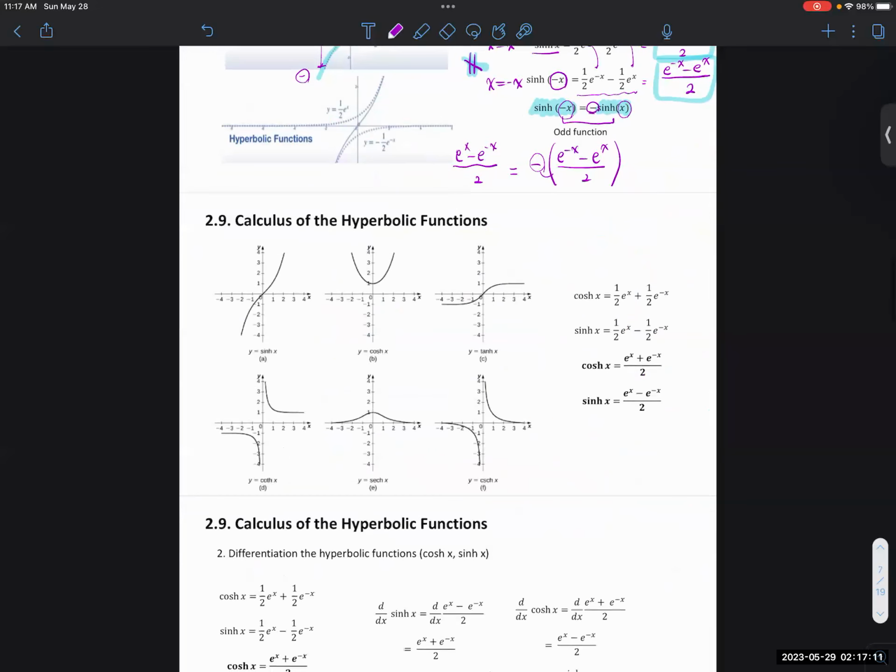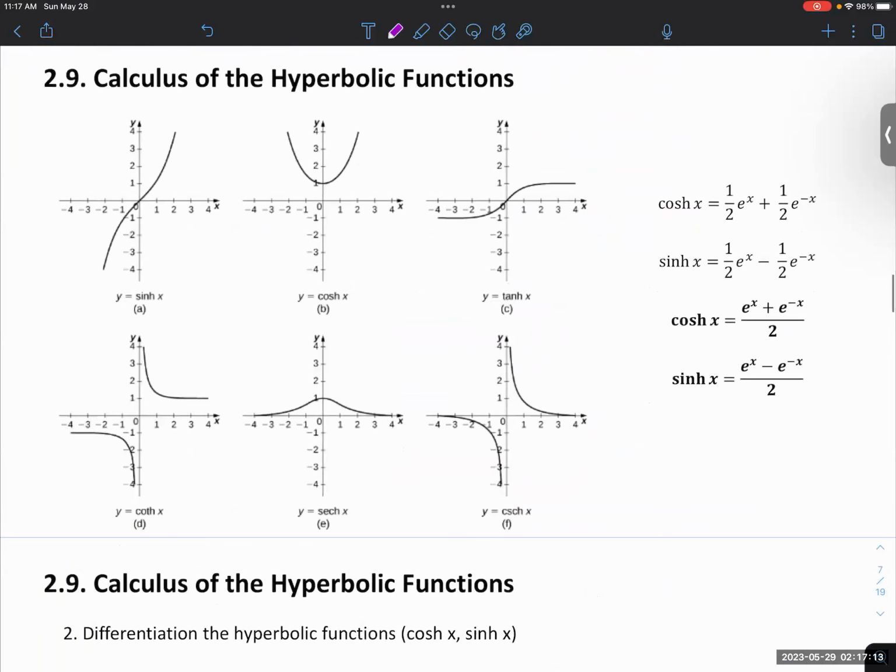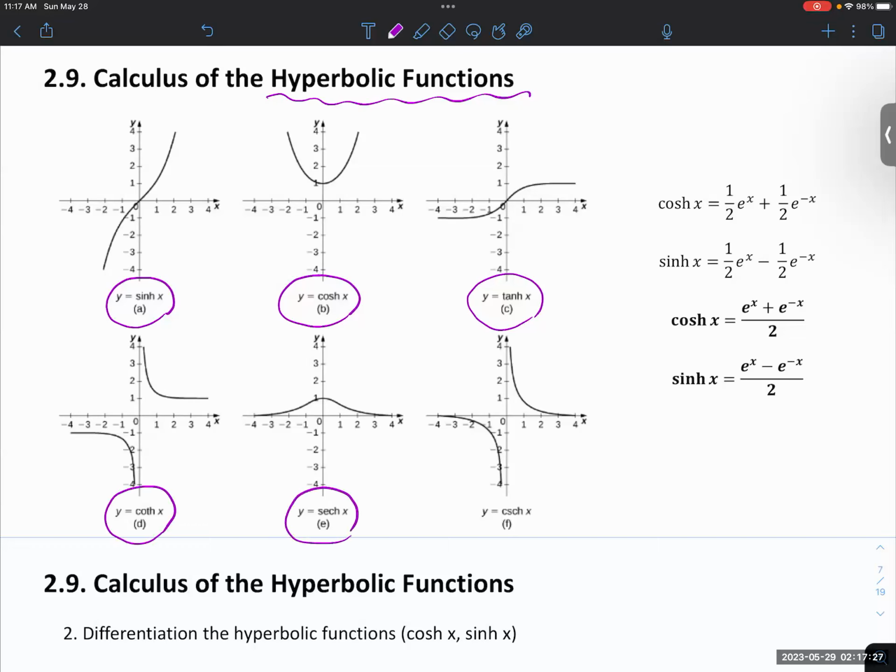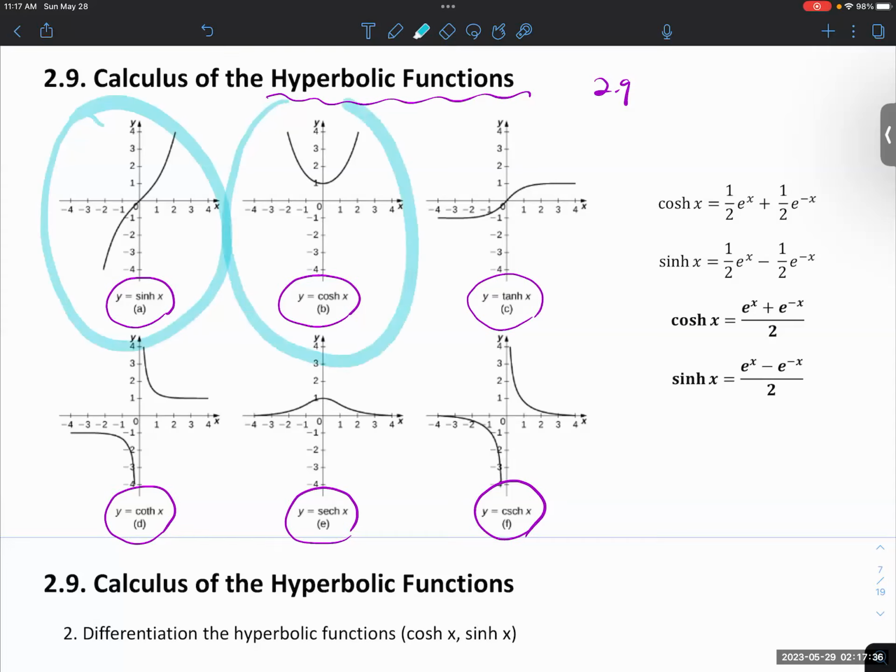As I mentioned, there are a couple more hyperbolic functions such as sinh x, cosh x, tanh x, because they came from the trigonometric functions. And then you have sech and csch functions. But in 2.9, we are going to focus only on the sinh and cosh functions.